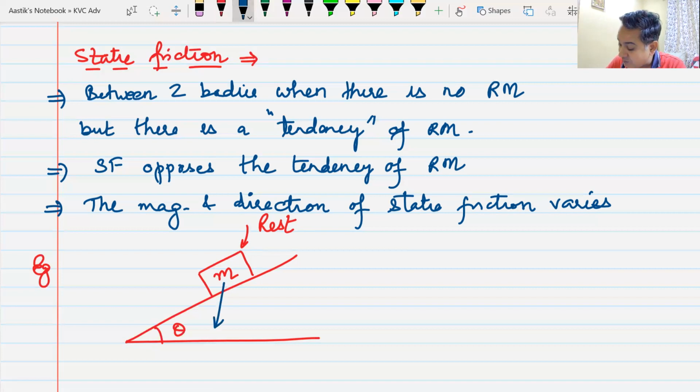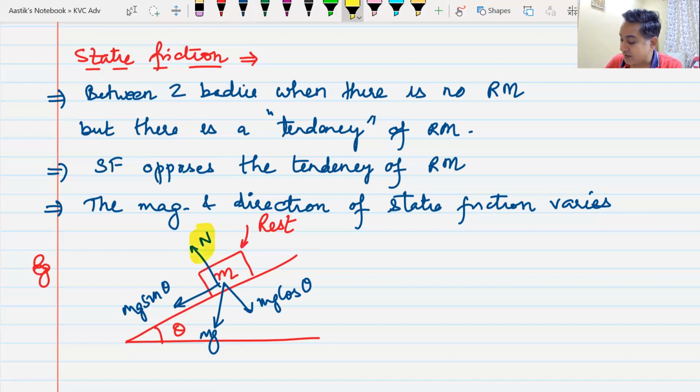Because if I draw the free body diagram, this is mg, this is mg cos theta, this is mg sin theta, and this is normal reaction n. This normal reaction n is equal to mg cos theta. But then there is mg sin theta, which is trying to pull it downward.